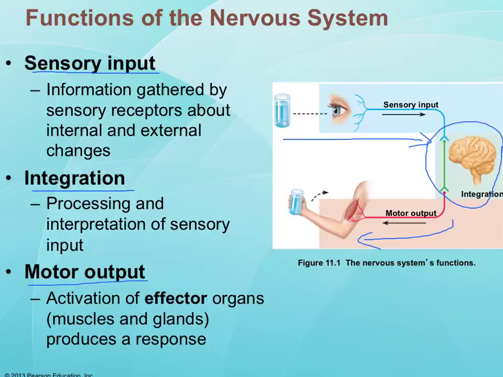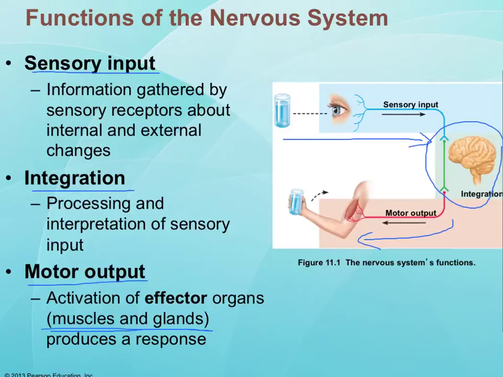Then your sweat glands start to secrete sweat. That process is controlled by the nervous system, but it's not that you want the sweat glands to sweat. It's not necessarily a voluntary or conscious control. The effector may be a muscle or sometimes a gland.